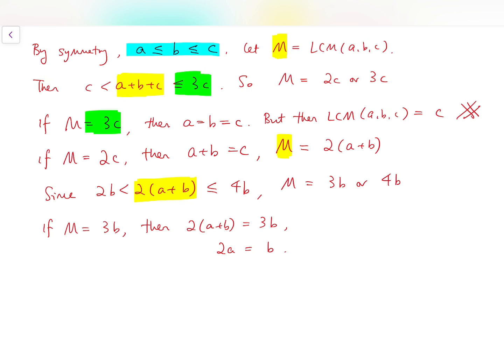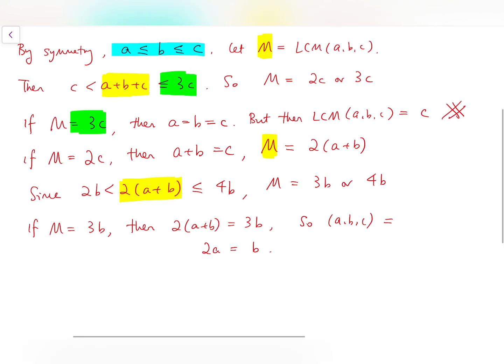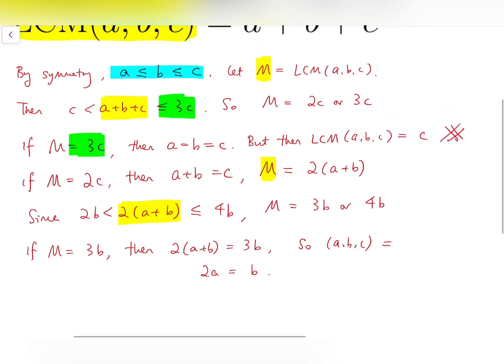So a equals a, b is 2a, and c is just a plus b, so it's actually 3a. So I'll try to parameterize our solution, using a parameter k, where k is a natural number.